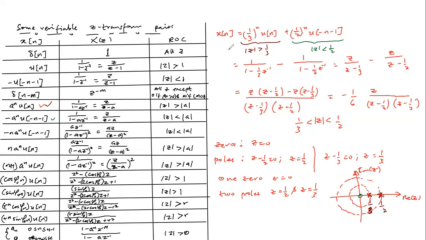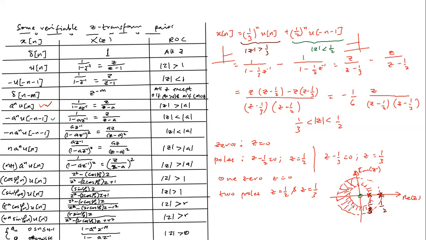Then we know that this is a right-sided sequence, 1 over 3 to the n for z greater than 1 over 3, and by the rule, the region of convergence is outside the circle. Okay, and now at z less than 1 over 2, we know the sequence is left-sided, so the region of convergence is inside the circle.